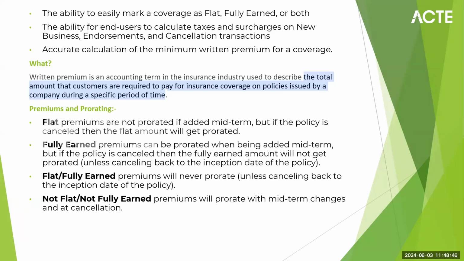Then the amount for that whole 1 year, the fully earned premium, will be returned back to the customer only if he cancels on the inception date, that means today. If not, then the fully earned amount will not be given. Flat or fully earned premiums will never prorate unless cancelling back to the inception date of the policy.